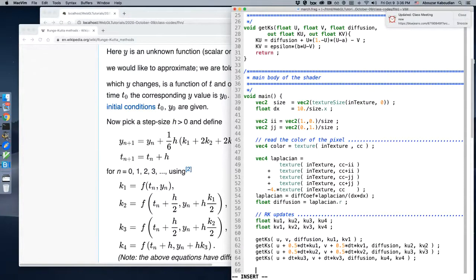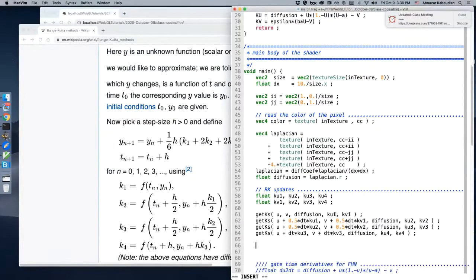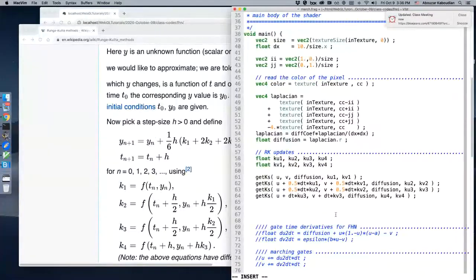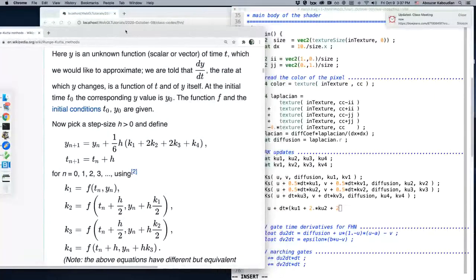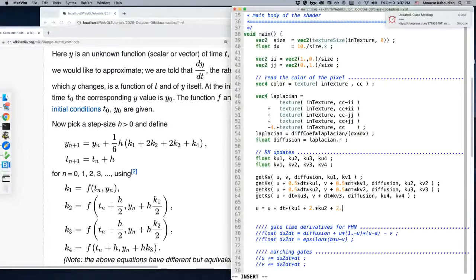So this gets all of our K's for our updates, and then we can update our U's. So my U will be previous U plus delta T times KU1 plus 2 times KU2 plus 2 times, right now we are at this line, 2 times KU3 and plus KU4, everything divided by 6.